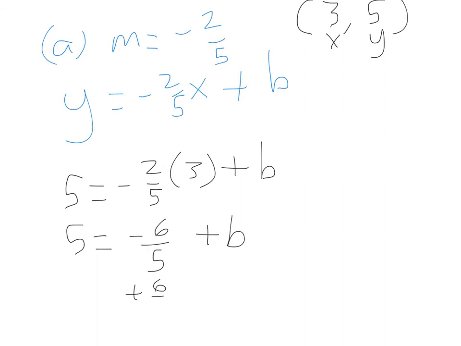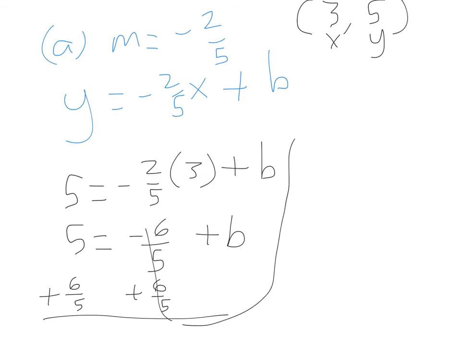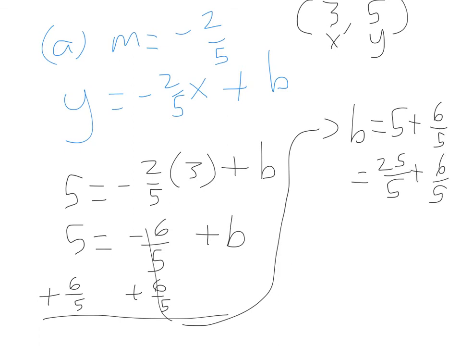If you add 6/5 to both sides, b is equal to 5 plus 6/5. Remember, 5 can be rewritten as 25 over 5 plus 6/5. And then 25 plus 6 would be 31 over 5. So our equation in slope-intercept form would be negative 2/5 x plus 31 over 5.